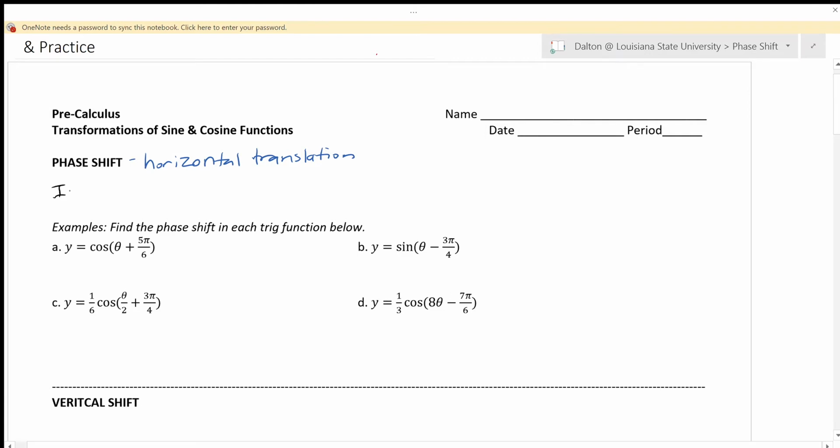If I give you the general equation for sine and cosine: y equals a times the sine of k(theta plus c), and I'm going to write the same equation but with cosine: y equals a times the cosine of k(theta plus c).